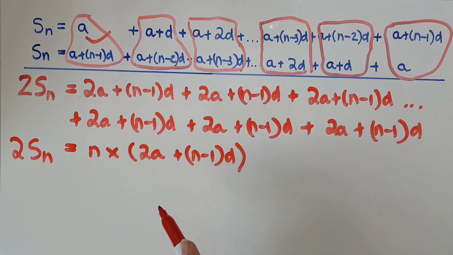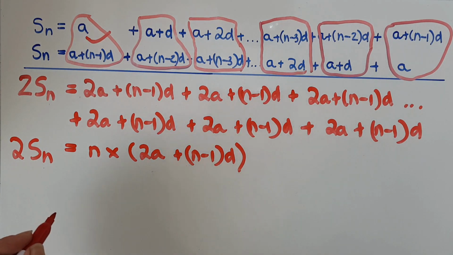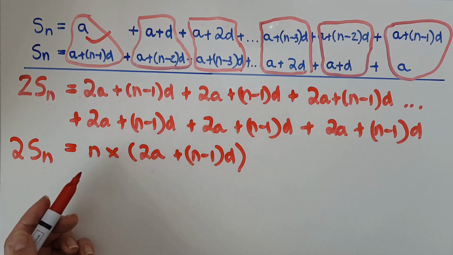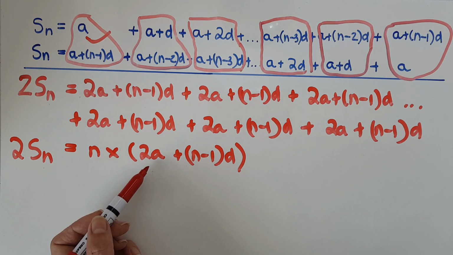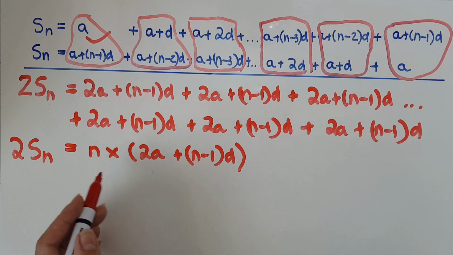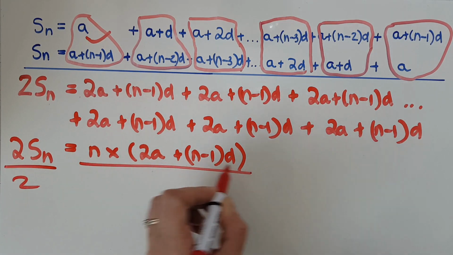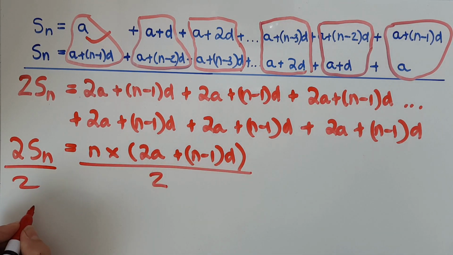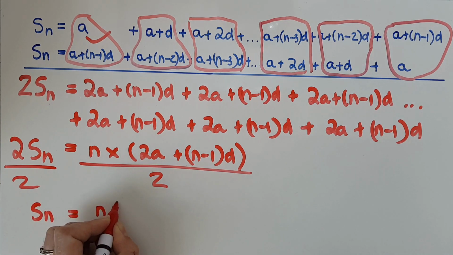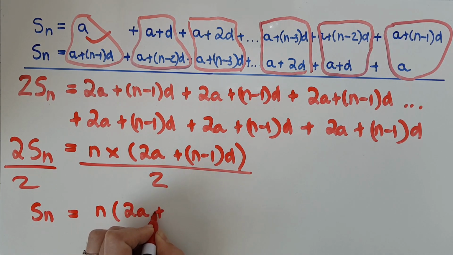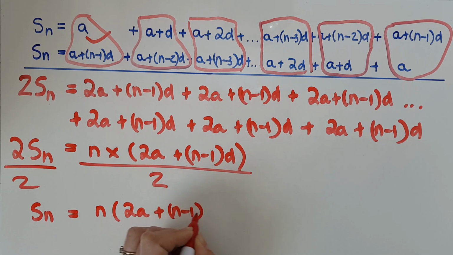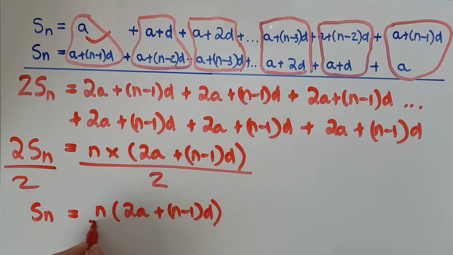Can you see where this is going? It's going to be exactly that formula that you are going to use or have already been using. Going to divide through by 2, but because this is multiplied, I might as well just write it as the whole thing over 2. Okay, so divide by 2, divide by 2. So that means that Sn by itself gives me n times 2a plus n minus 1d, all over 2.